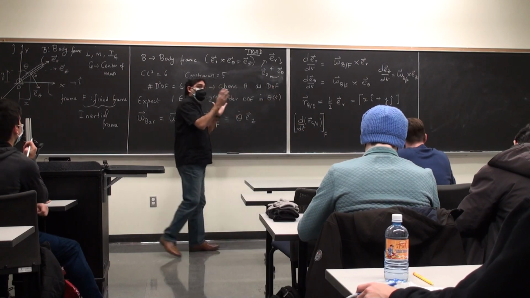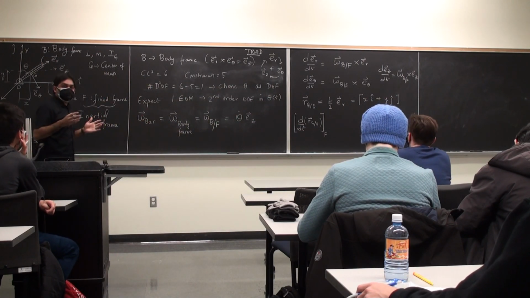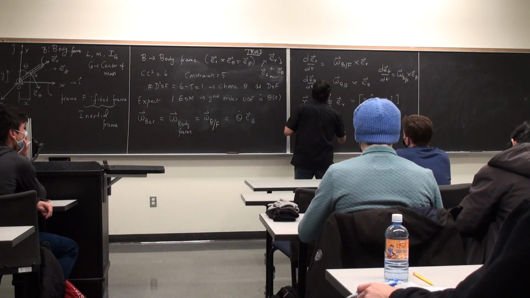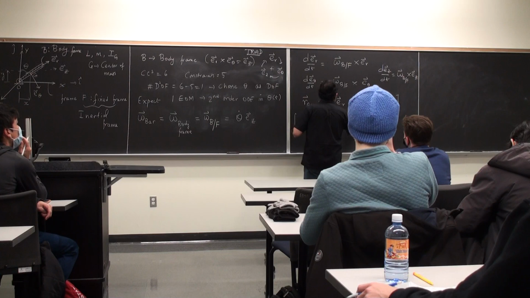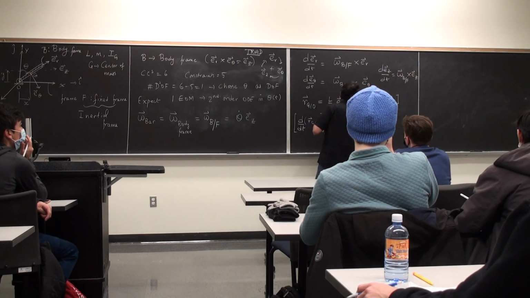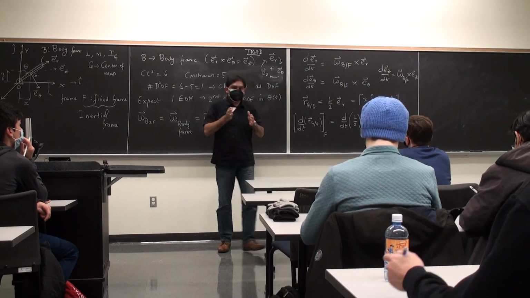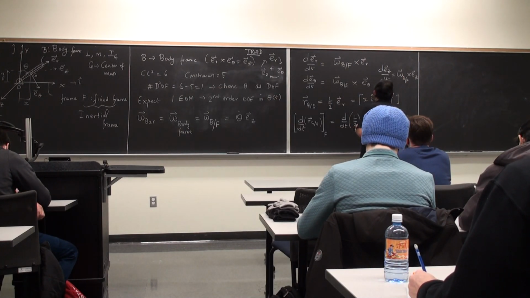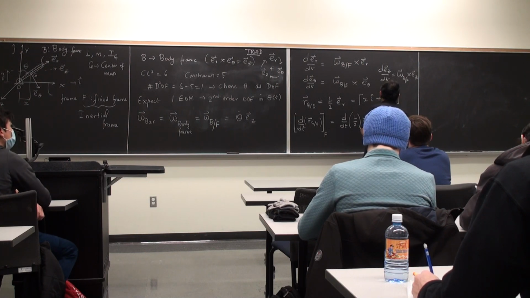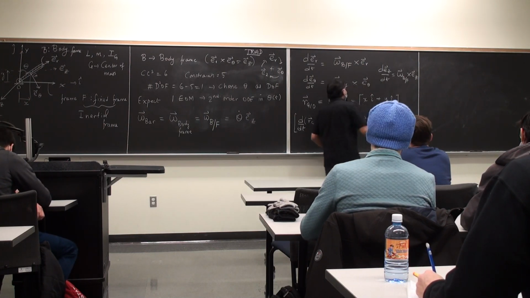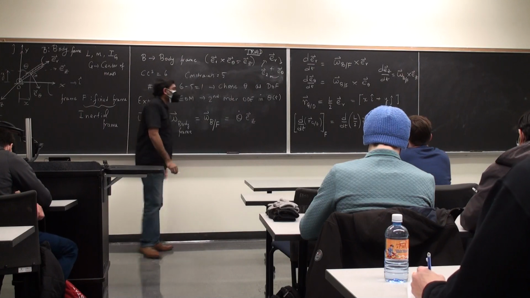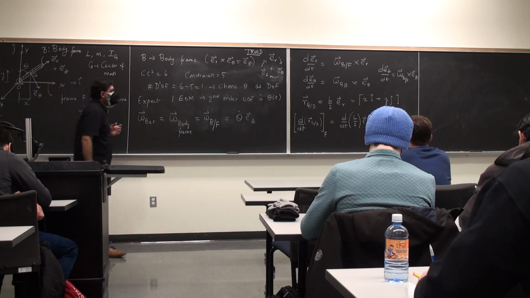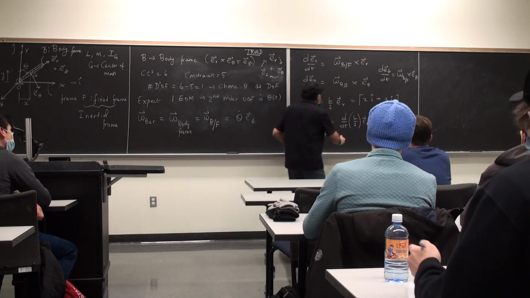I'm writing everything as seen by an observer in the fixed frame. And if this is the case, I have the following: d by dt of L by 2 Er, plus the other one, which is L by 2 d by dt of Er. I'm going to call this term 1.